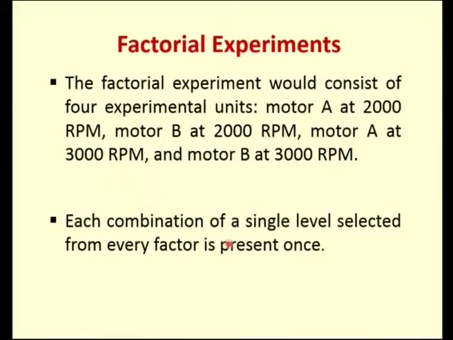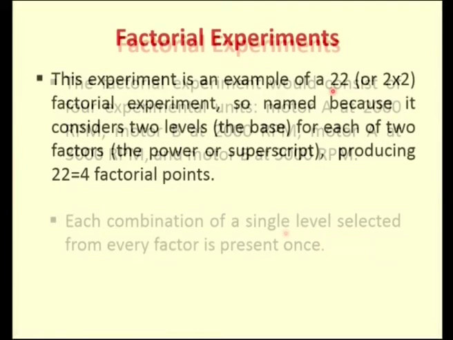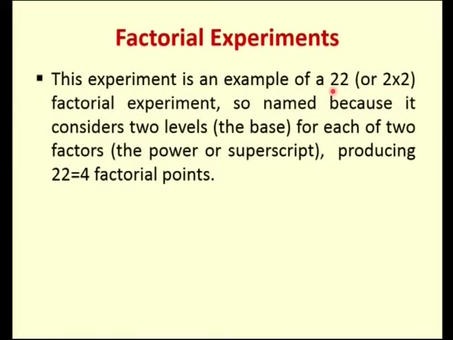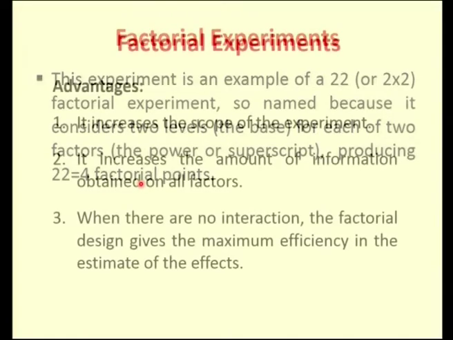So, each combination of a single level selected from every factor is present once. And this experiment is an example of 2 power 2, that is 2 cross 2 factorial experiment, because it consists of 2 levels. So, the base denotes the levels and the superscript or power denotes the factors. So, 2 cross 2 is equal to 4 factorial points.